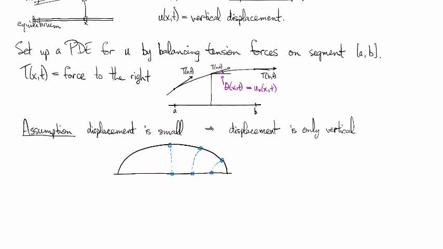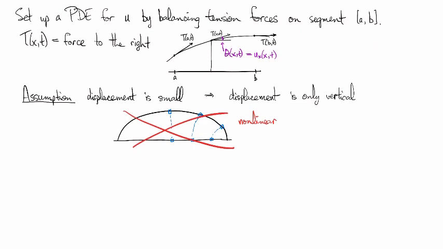So we might have something that looks kind of like this. Anyways, we are going to not consider this model because it is nonlinear and more difficult. So if you're doing vibrations with a large displacement, you have to come back and work out a more complicated model. So let's not do that.